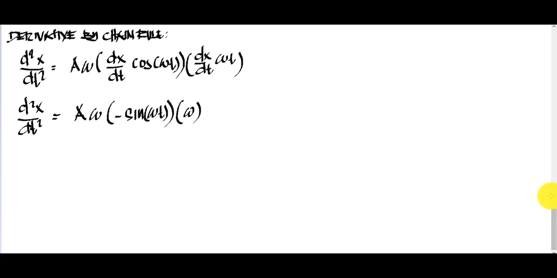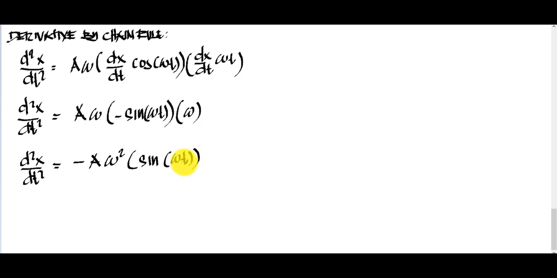So rewriting our equation again, we have negative a times the square of the angular velocity times sine of the angular velocity times time.